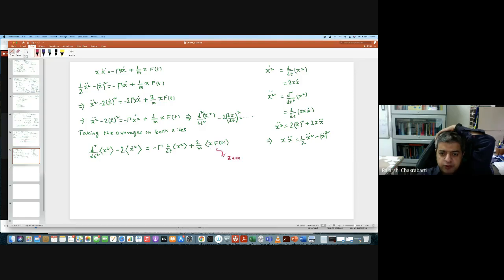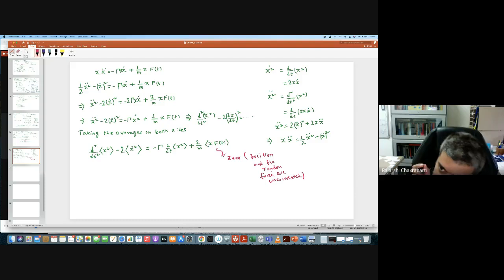The correlation is between position at time t and random force at time t, because position and the random force are uncorrelated, both taken at the same time.